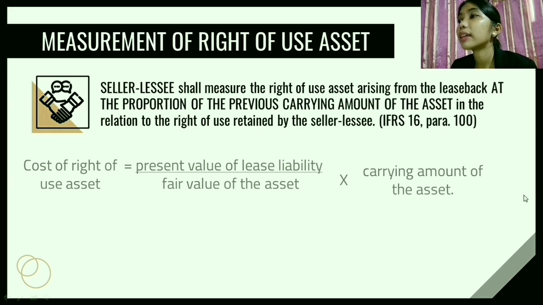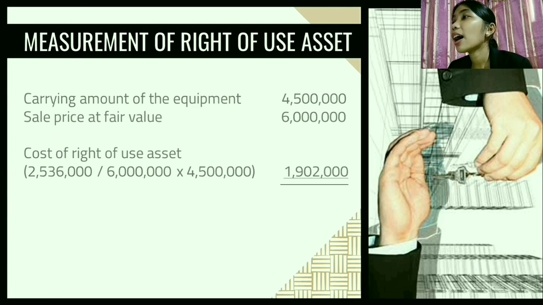So, para mas maintindihan po natin, here is an example. Ito po ay nakalaan pa rin po doon po sa ating illustration kanina, which is yung ating carrying amount ng ating equipment is 4,500,000 pesos, and yung ating pong sale price at fair value is 6 million pesos.